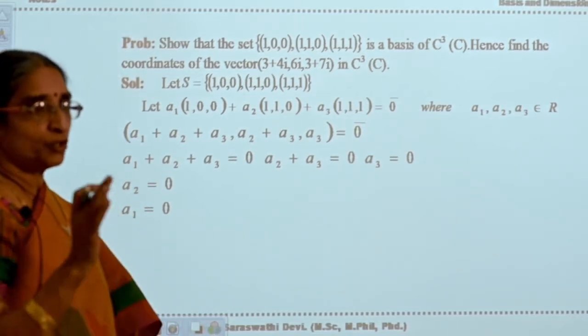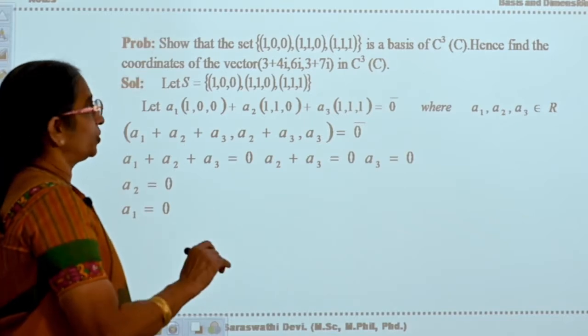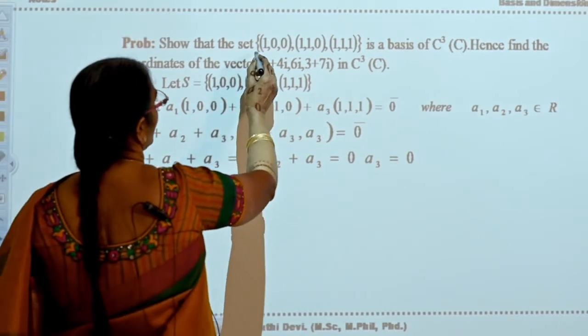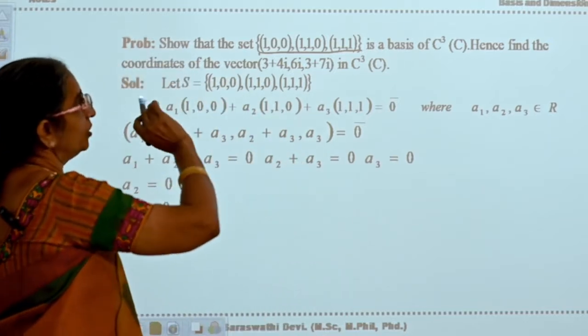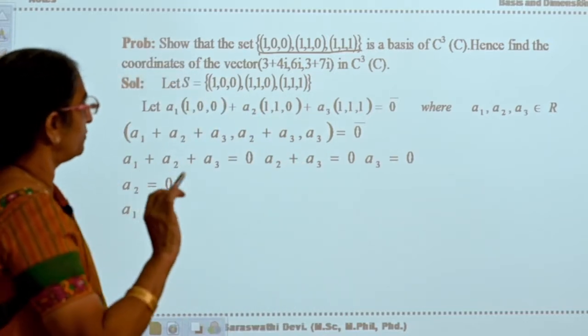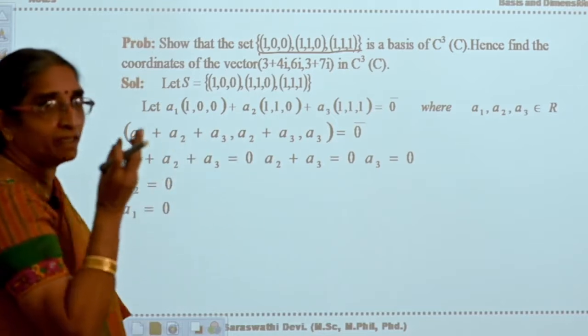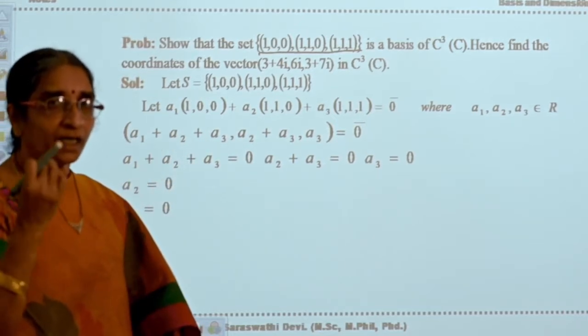Is it clear? You are going to show that the set {(1,0,0), (1,1,0), (1,1,1)}. How many elements are there? 3 elements are there in that set.